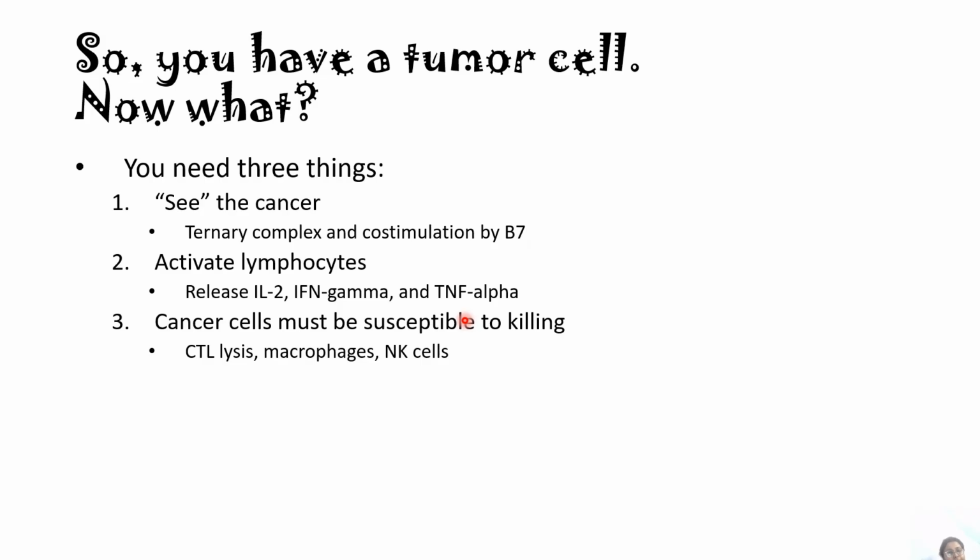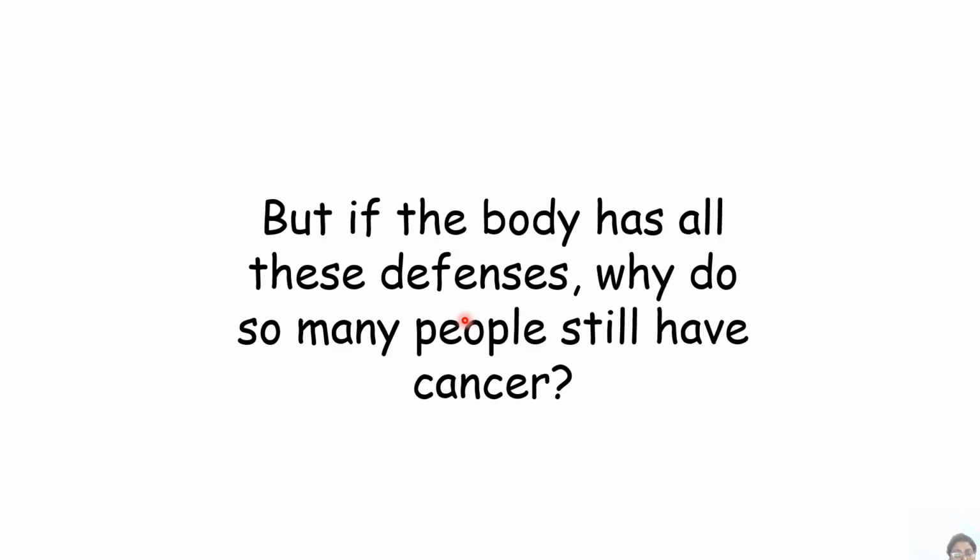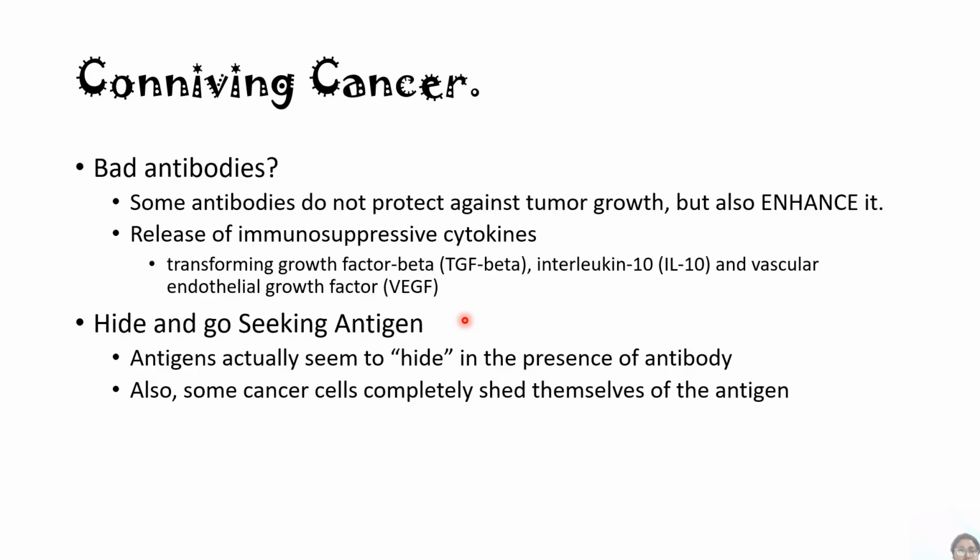So basically, the ternary complex and co-stimulation by B7 will happen in the case of cancer. They can activate lymphocytes and release IL-2, interferon gamma, and TNF alpha, and cancer cells must be susceptible to killing by CTL lysis and macrophages. But if the body has all these defenses, why do people still have cancer?